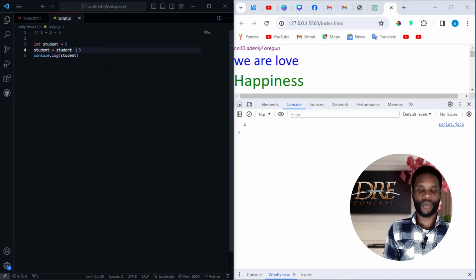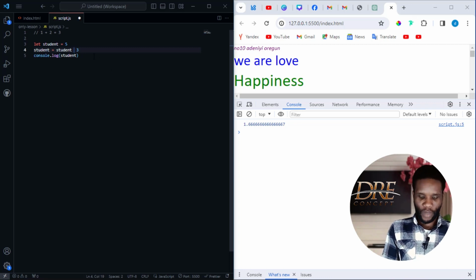So what about division? That's student divided by 3, and save the answer into student. So let's save that. What we're going to have is 1.6. So the division of 5 by 3 is 1.66667.